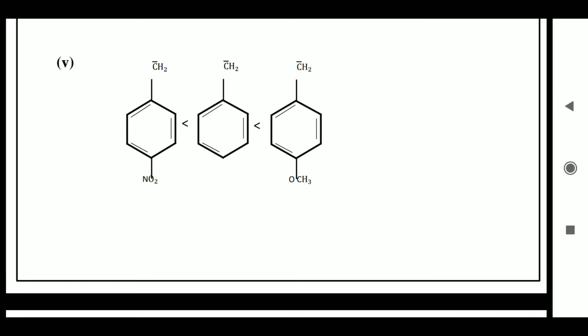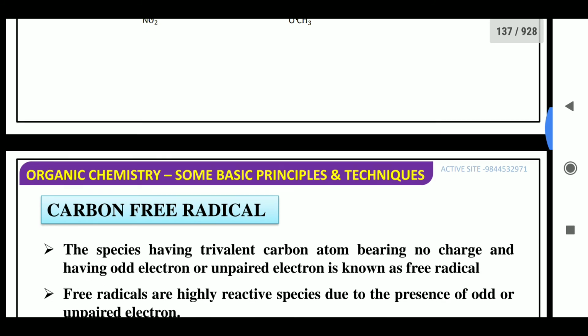However, the methoxy group repels the electron pair and shows a positive I effect, because of which there is electron density over the ring. So that is why this is the stability order of anions in the aromatic ring.